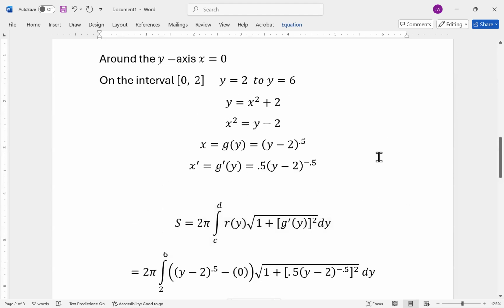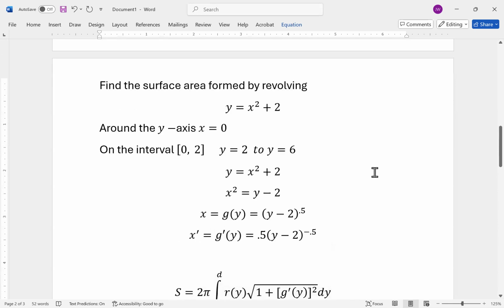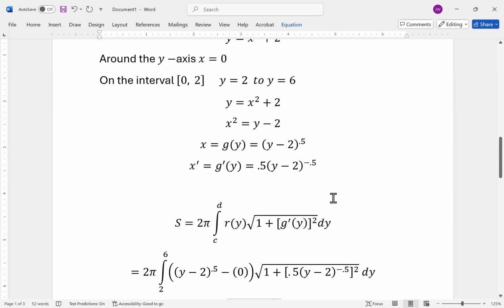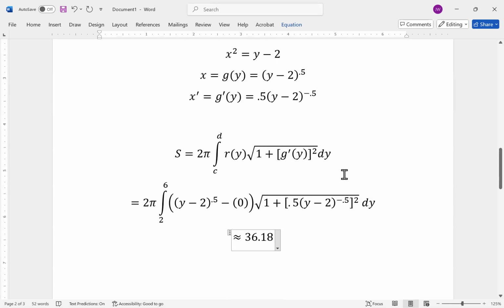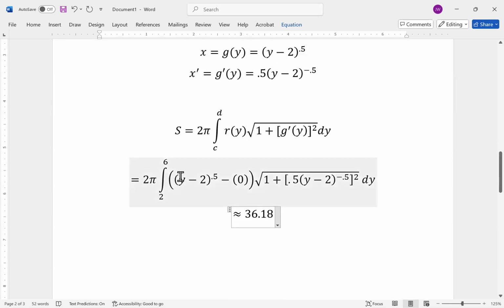So if I wanted to integrate with respect to y, I just have to create a function where g of y or x is equal to a function of y, take the derivative of that, and then my radius goes from my function down to x equals 0, and I have to use y bounds.